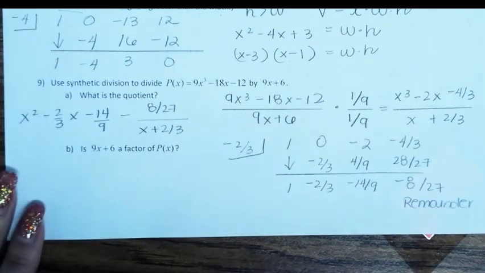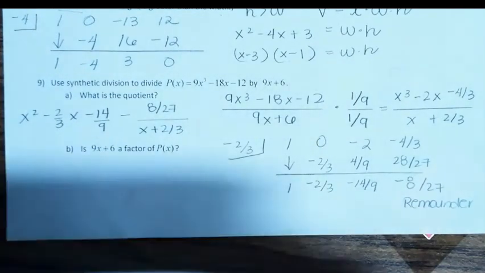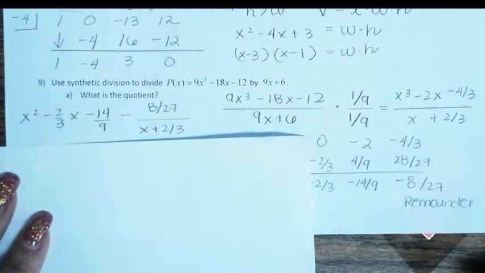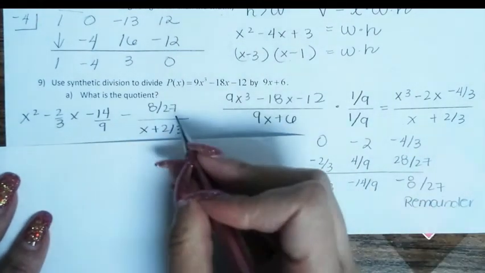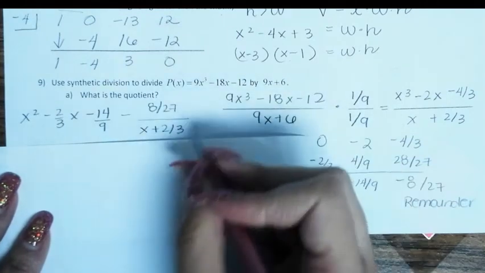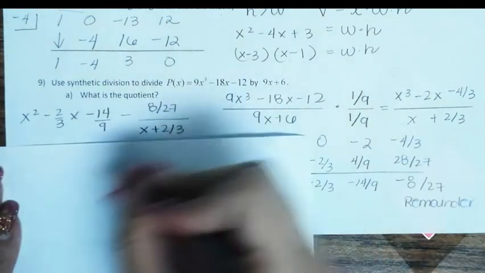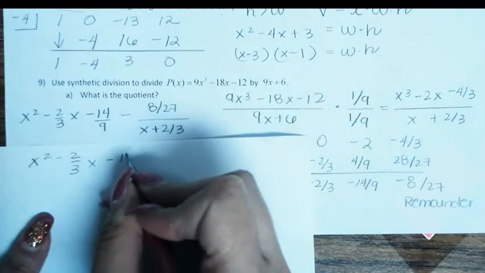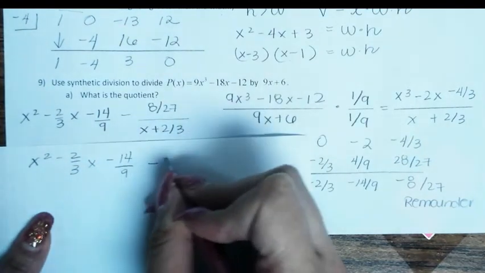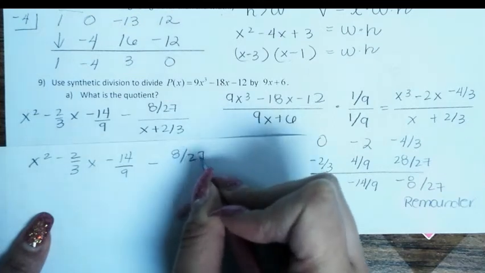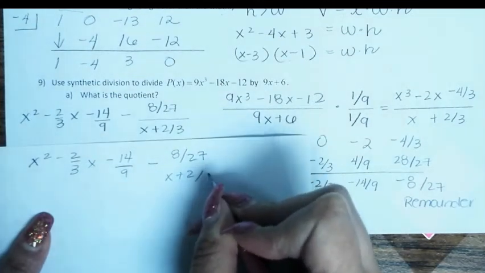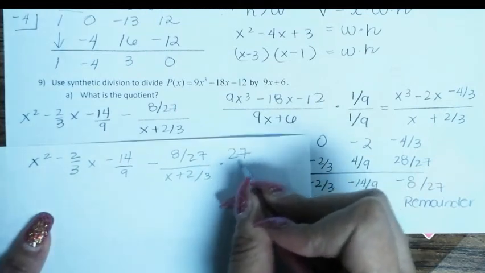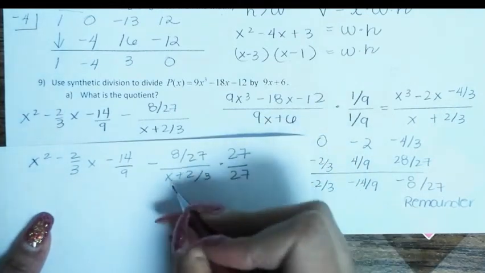Let me get another piece of paper. If we want to simplify it more, technically you can multiply this part by 27. Let me do it pretty quickly here so you can see it. Let me just copy the situation. I will multiply this by 27 top and bottom.